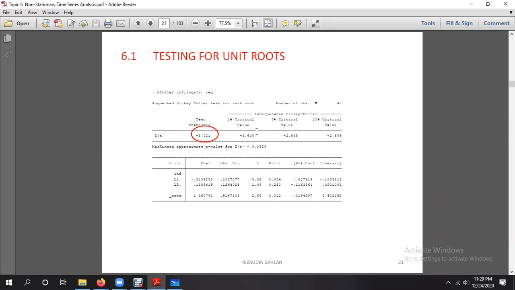The tau statistic of -3 is much smaller compared to this one, if you choose 5% as the significance level, so H0 is rejected.